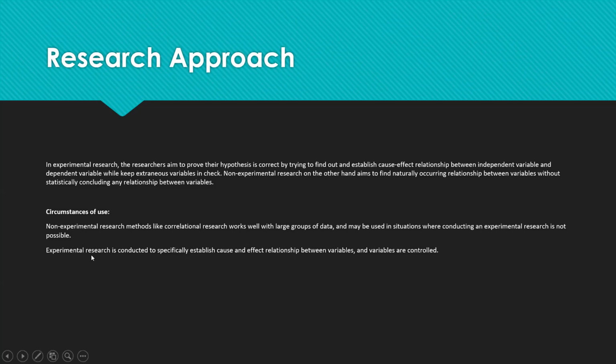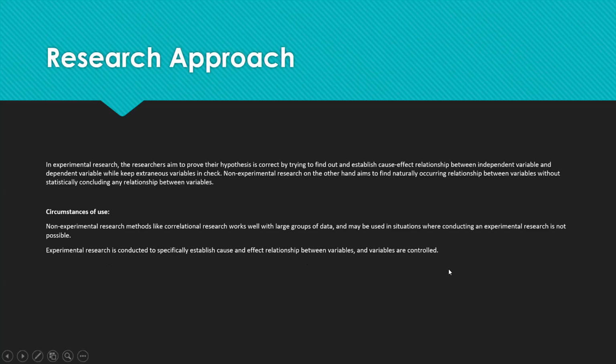Whereas experimental research requires stringent conditions, like specifically establishing a cause and effect relationship between variables. So they do need an independent variable and a dependent variable. Sorry, it's way too much speaking for the first time.